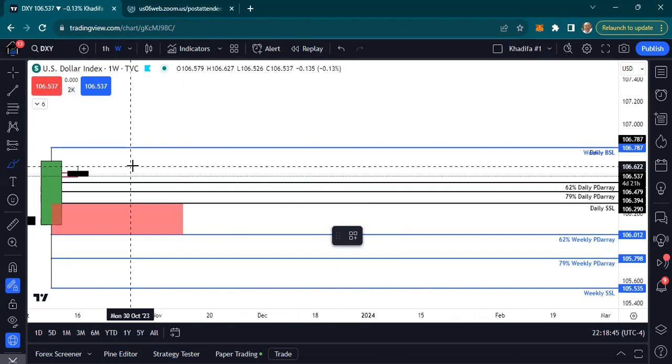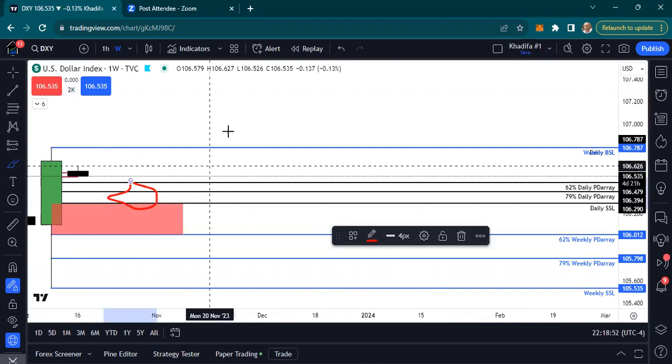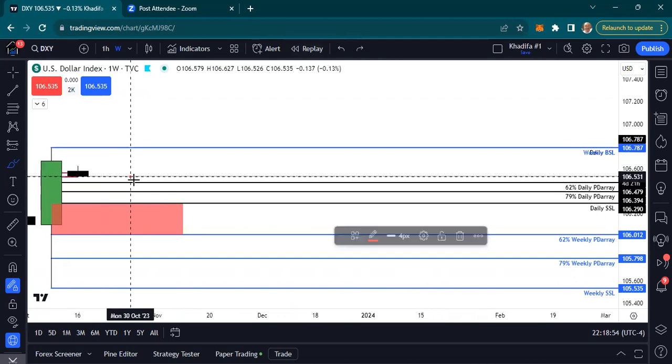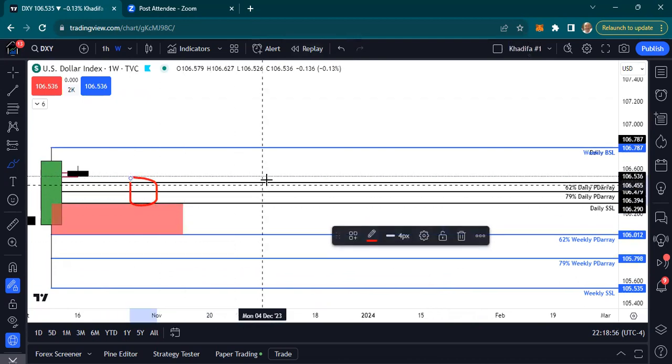So for the beginning of the week, for Dixie this week, I would like to see us find support here. I will allow for us to pull down into the daily sell side liquidity to run Friday sell side liquidity, right?